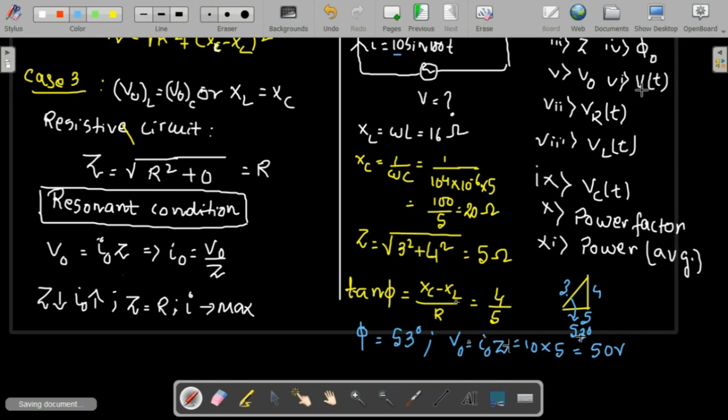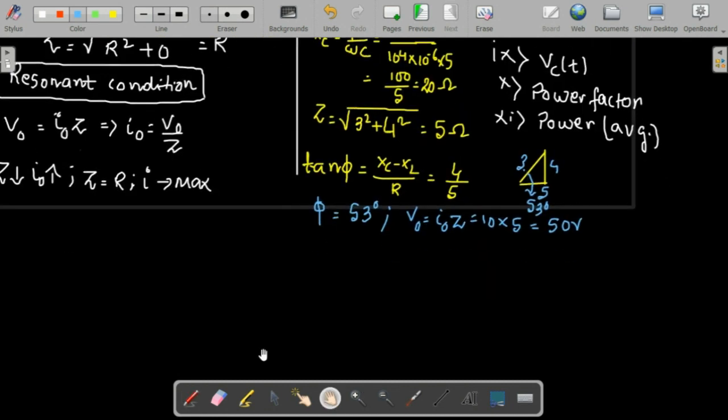What else? Vt, right? Now it's almost done. Vt will be nothing but V naught into sine of omega t. Whether it will be a minus or plus depends on whether it's a capacitive or an inductive circuit. We know it's a capacitive circuit.